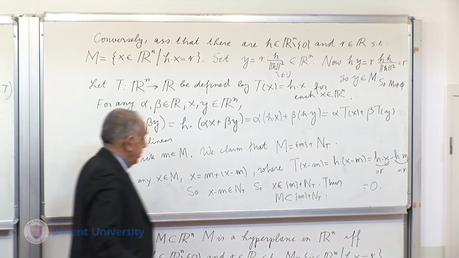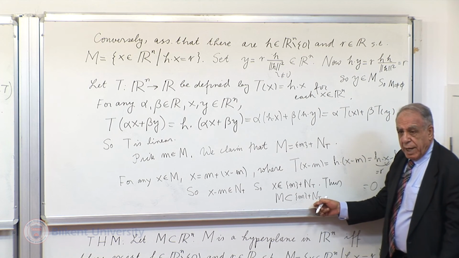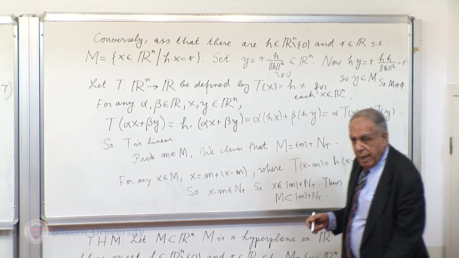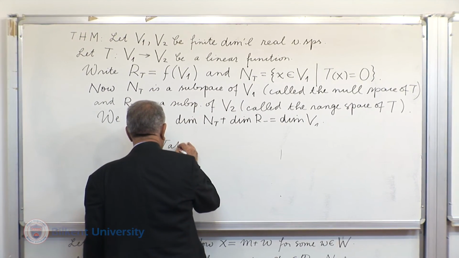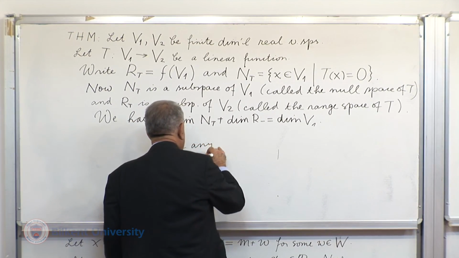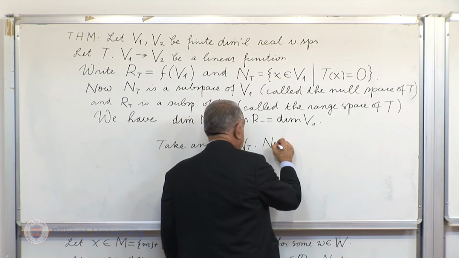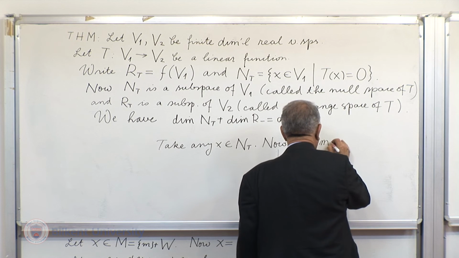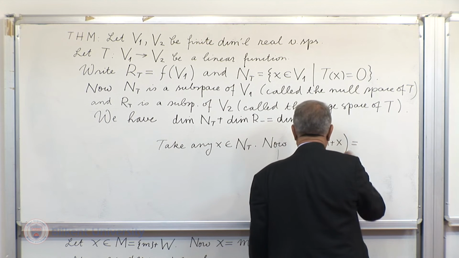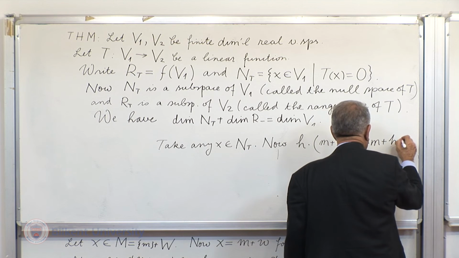Now let us take any point from here. Well, that amounts to taking any point from N sub T. Take any x in the null space of T. Now, h dot (m plus x) will be equal to h dot m plus h dot x.